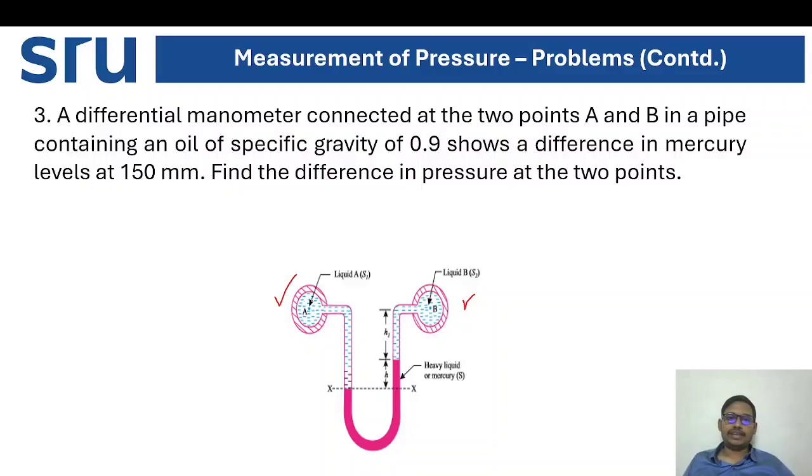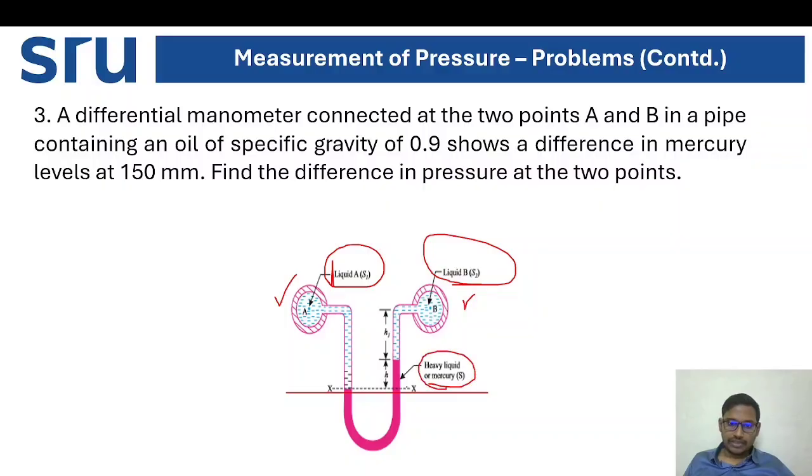So A and B they have given, one is liquid 1, another one is liquid 2. Here you see this is the axis. Now you see the difference. Here mercury, this is called mercury or heavy. This should be the neutral one, but it has overtaken.